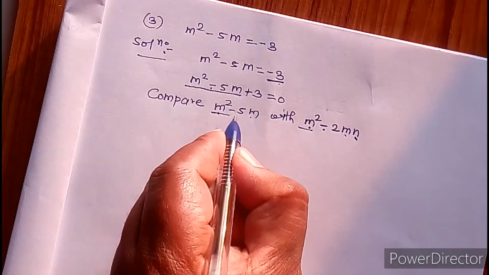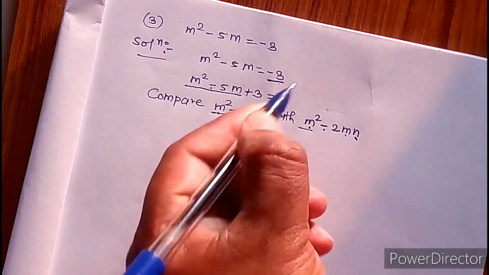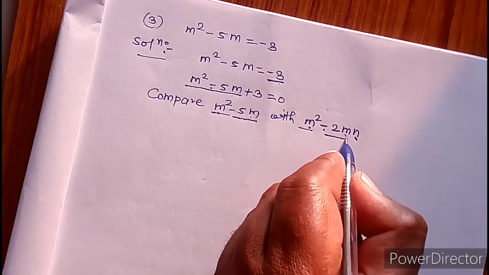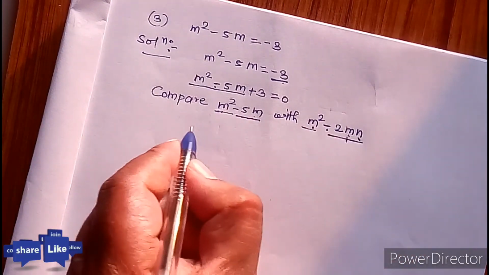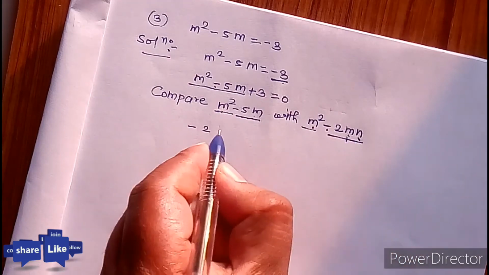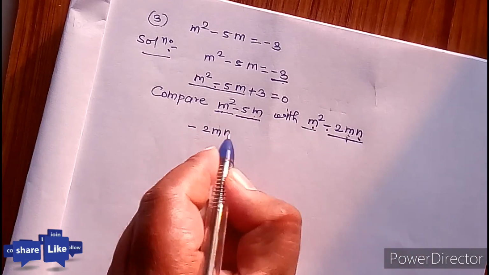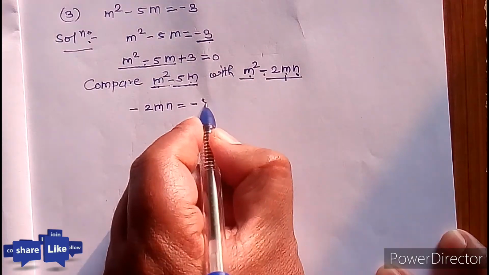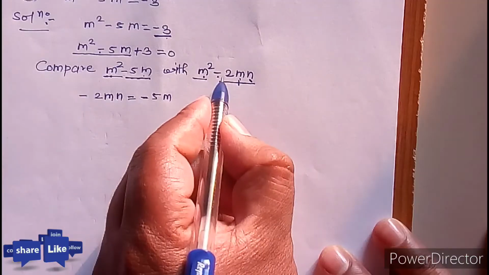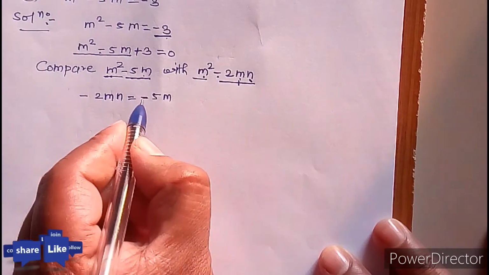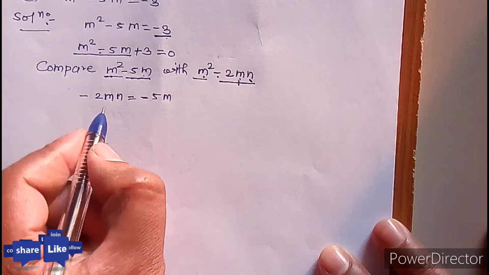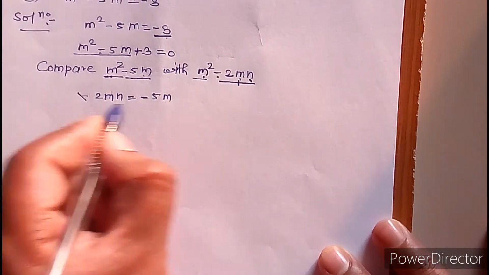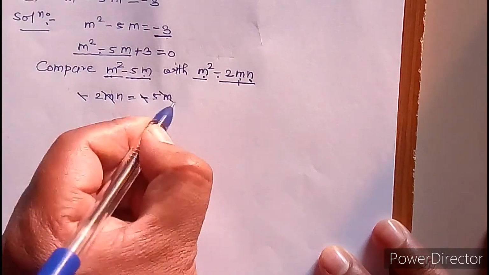Now on comparing m square minus 5m with m square minus twice of mn, we get m square as it is. Now minus 5m is equals to minus of twice of mn. Therefore, minus of twice mn equals to minus of 5m. Here minus and minus are cancelled, m and m is also cancelled.